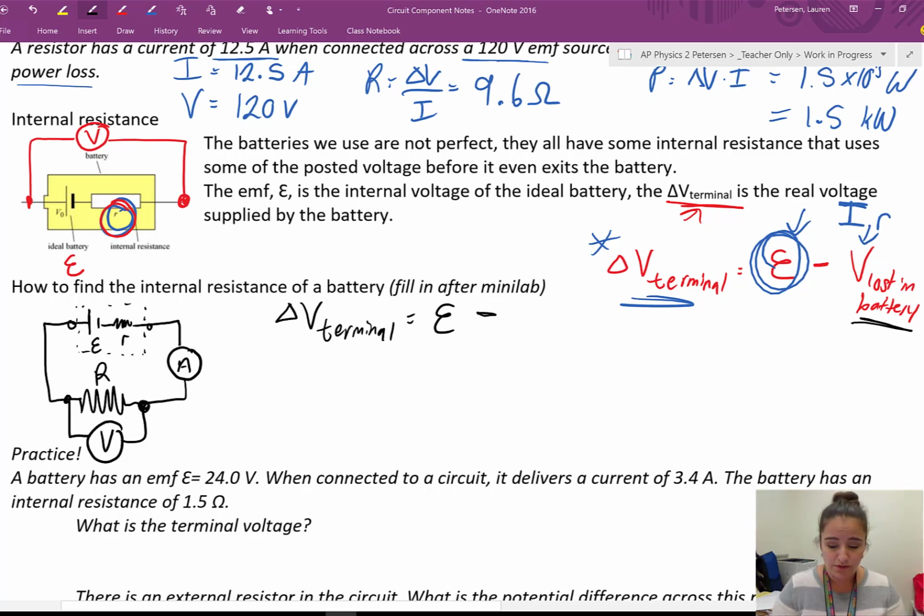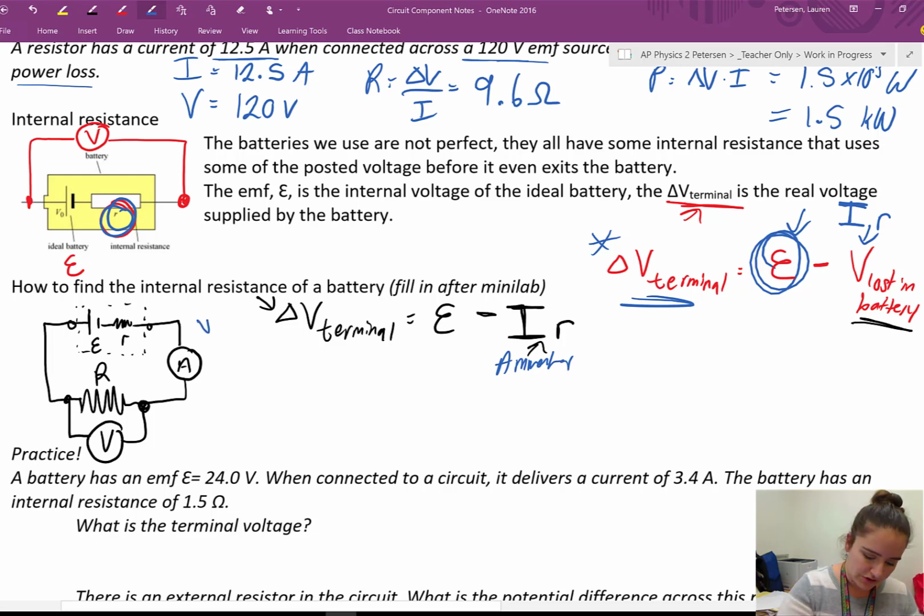We can actually use Ohm's law to solve that. It'll be the current in our circuit times our little load R. Now this I can measure using my ammeter, and that I will measure using my voltmeter.